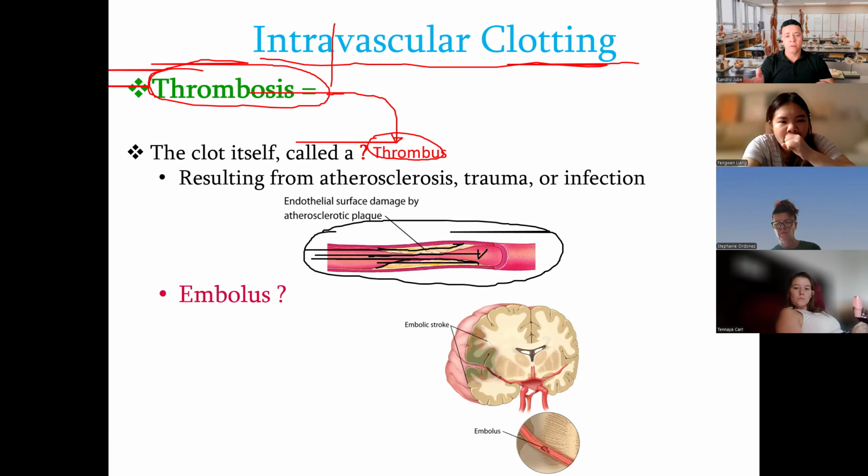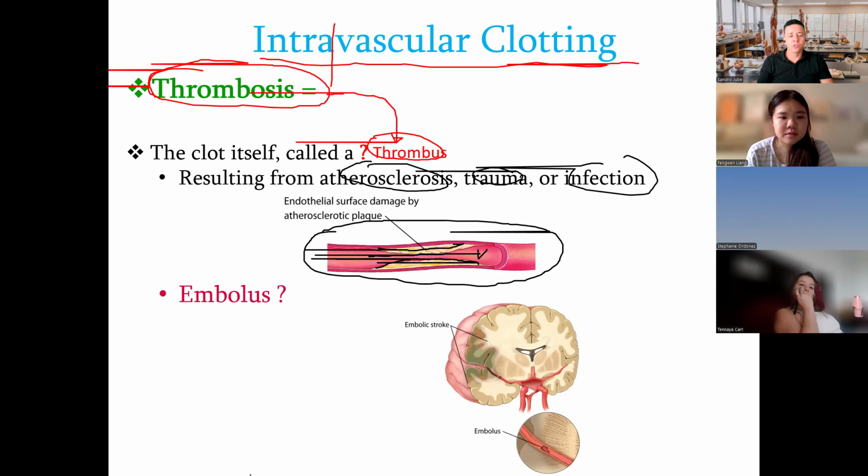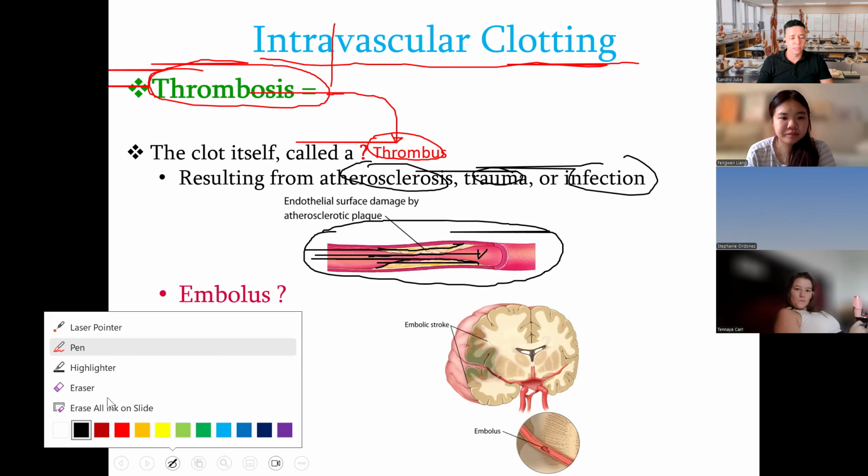Every time that you have a slowing down of blood, or blood that is pooling, that is sitting still inside of a blood vessel, that could lead to the formation of a thrombus, of a blood clot. Okay, so atherosclerosis, trauma, infection, all of that can lead to the formation of a thrombus.